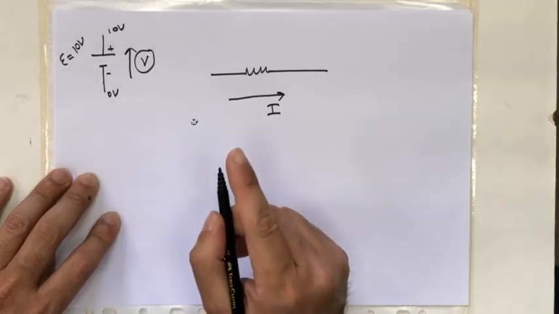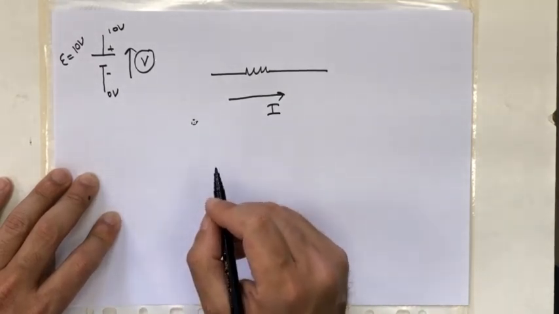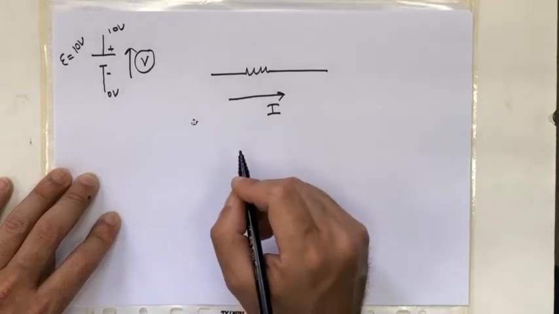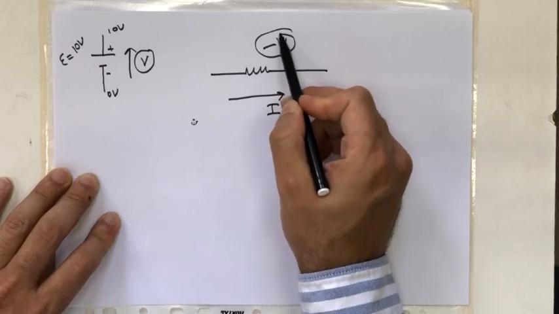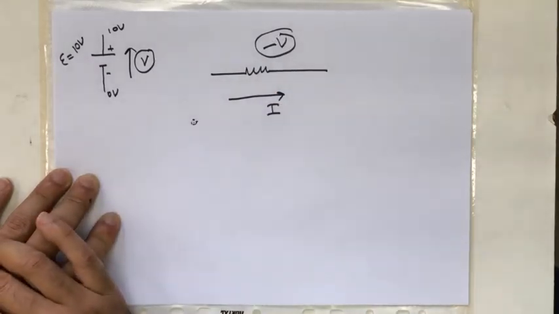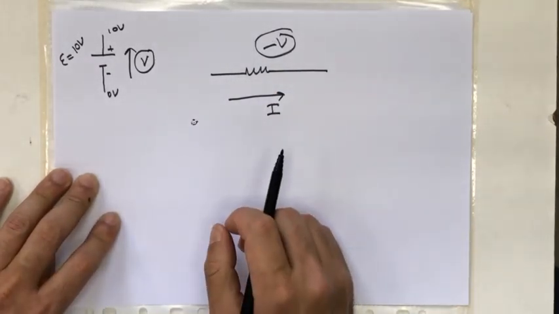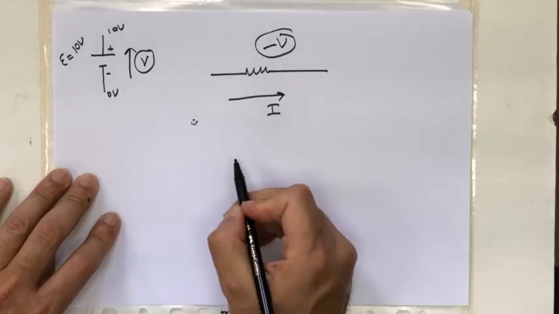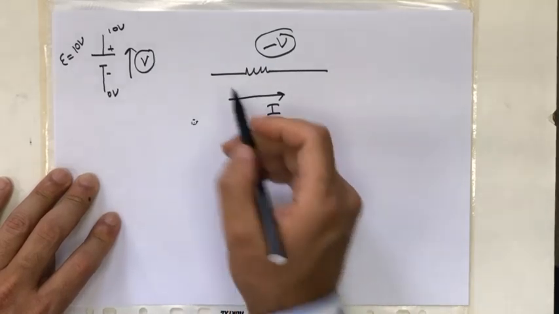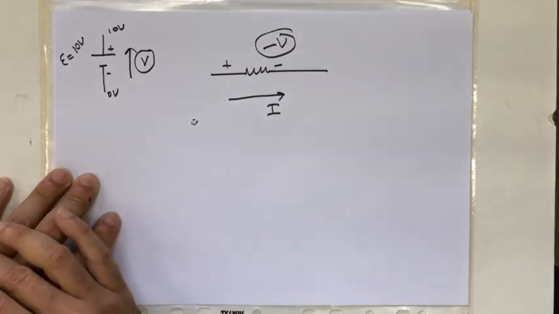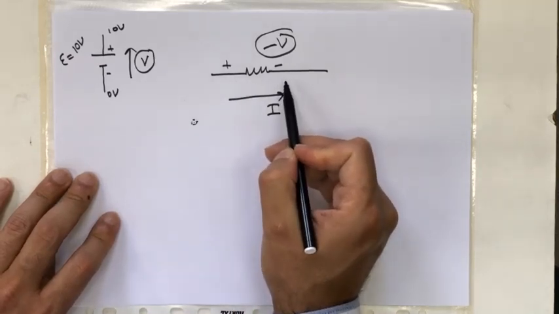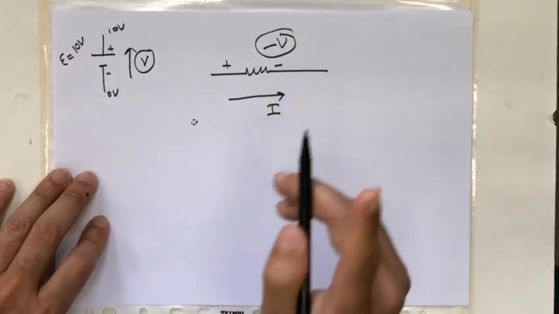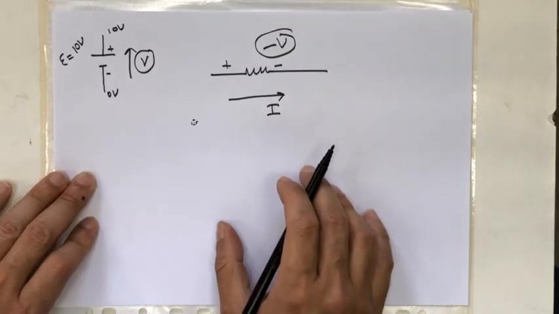Keep this in mind, my friends. A resistor always creates a voltage drop. It always consumes energy from the charges. So we always assign a negative voltage to it, but be careful: only if the current is flowing from the positive terminal to the negative terminal, I mean from high electric potential to low electric potential. Now what if we reverse the terminals?